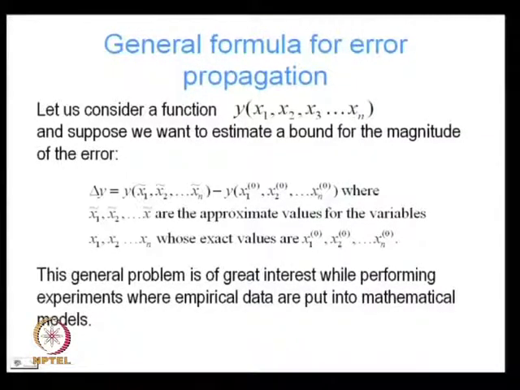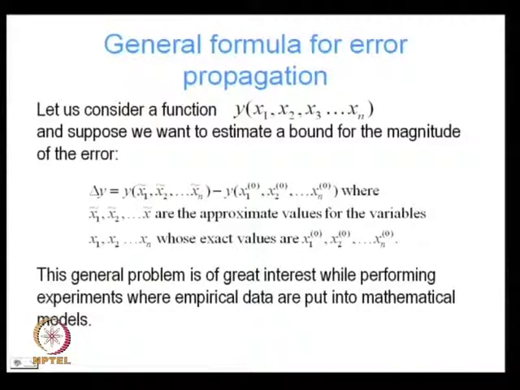We want to find, given that we have the approximate values of x1 through xn, which is x1 tilde through xn tilde, what would be the error in y due to the error in x. This general problem is of great interest while performing experiments where empirical data are put into mathematical models. For instance, we do some experiments where the independent variables are x1 through xn.